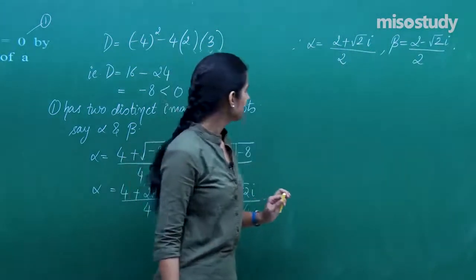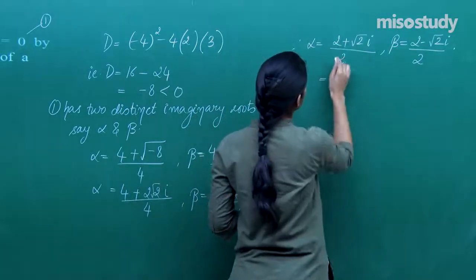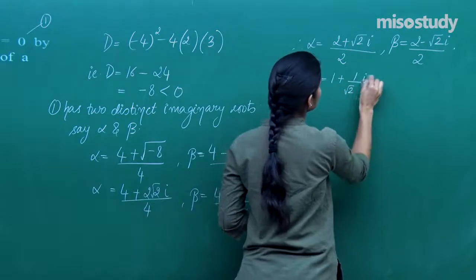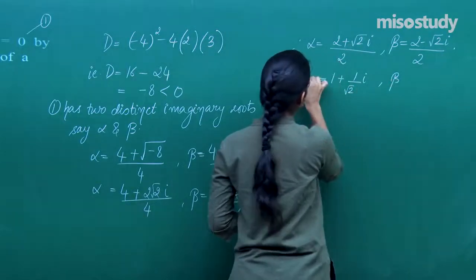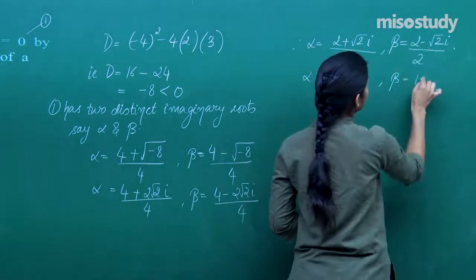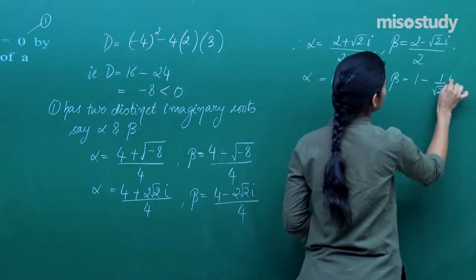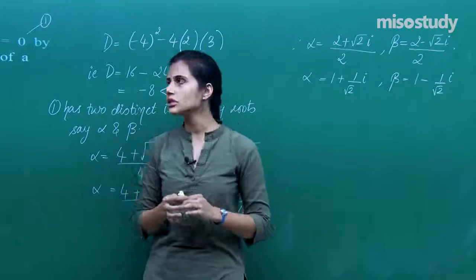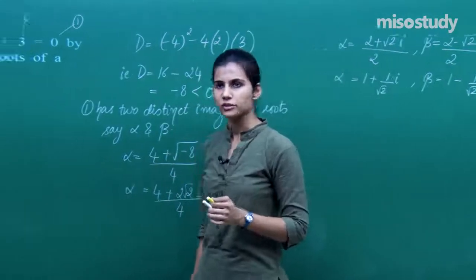Is it clear? And this gives you 2 upon 2 is 1, root 2 upon 2 is 1 by root 2. This is alpha, and again 2 upon 2 is 1 minus 1 by root 2 i. These are the two most simplified forms of the roots of this given quadratic equation.